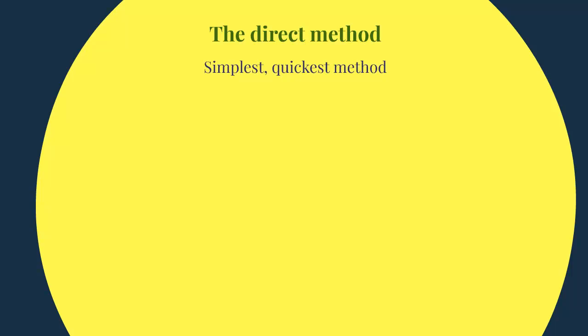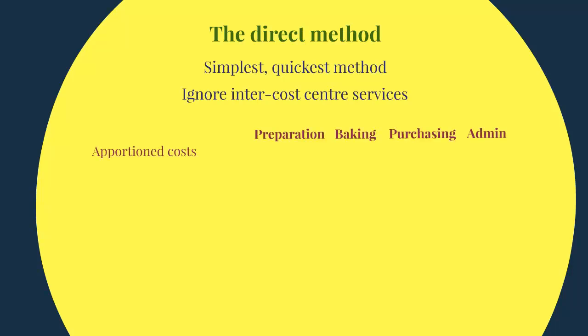Now the direct method is the easiest to use. All it involves is taking those two figures and directly attributing them to the two production centres. However, it ignores the inter-cost centre services. So it ignores the work that the purchasing department does for the admin department and the work that the admin department does for the purchasing department.